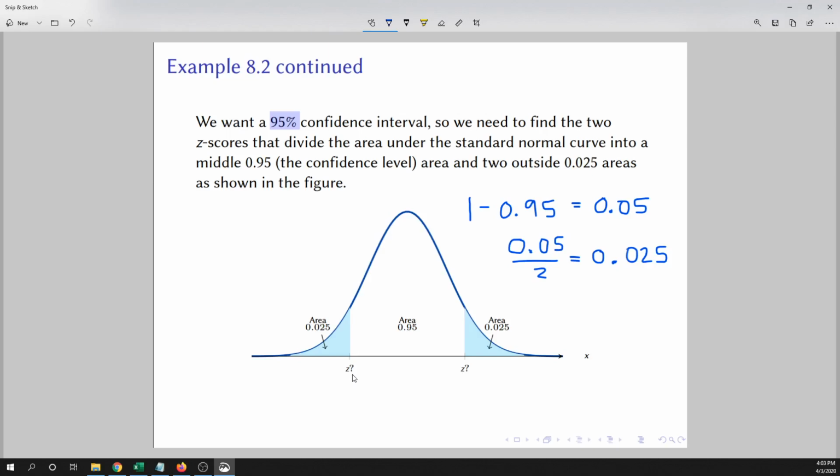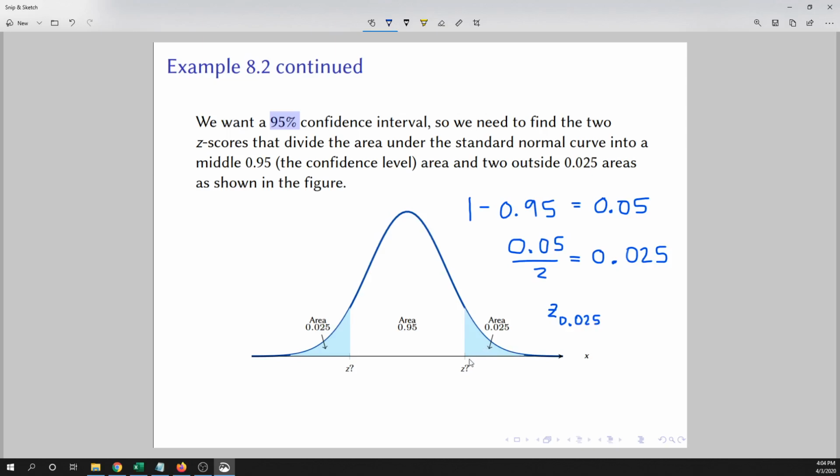Another thing I want to say: if you remember the notation z of 0.025 from chapter 6, that is the z-score that has an area of 0.025 to its right.